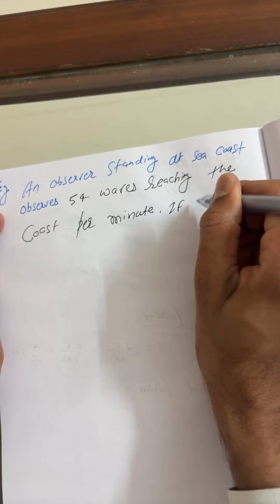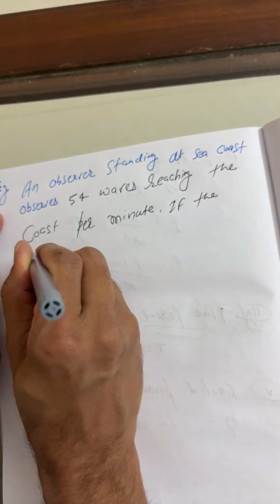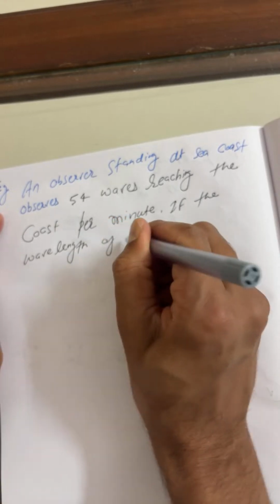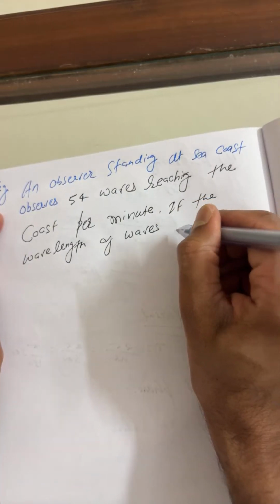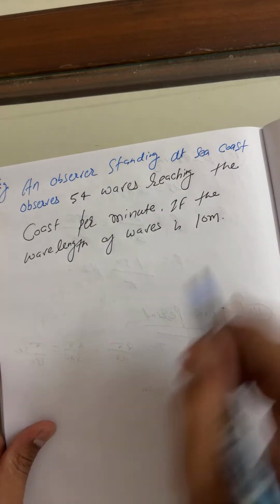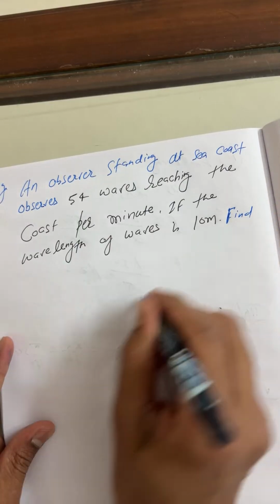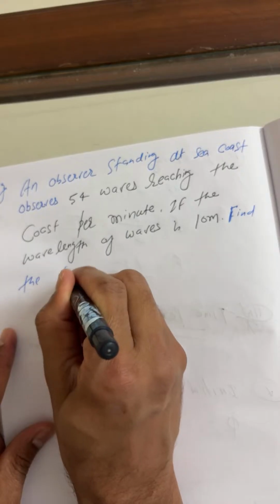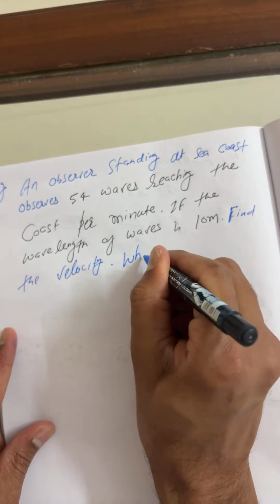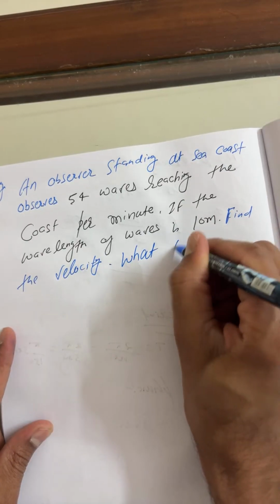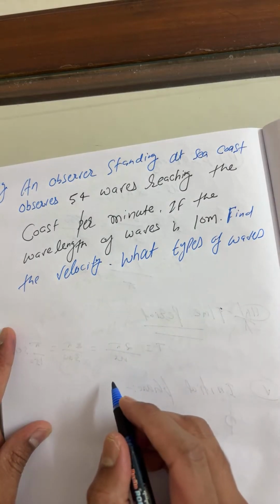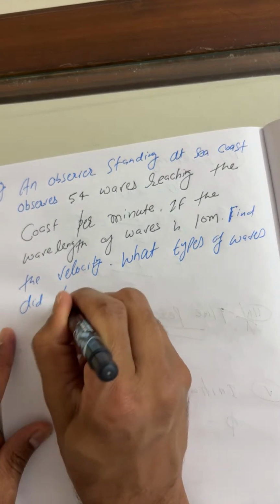If the wavelength of the waves is 10 meter, find the velocity and what type of waves did he observe?